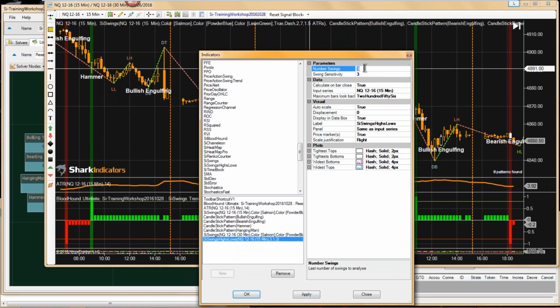And let's see, we'll leave number of swings to 3 so we get more swing points. And the question is about using the widest tops and widest bottoms, which are the highest highs and the lowest lows. That's the highest high, that's the lowest low, basically.